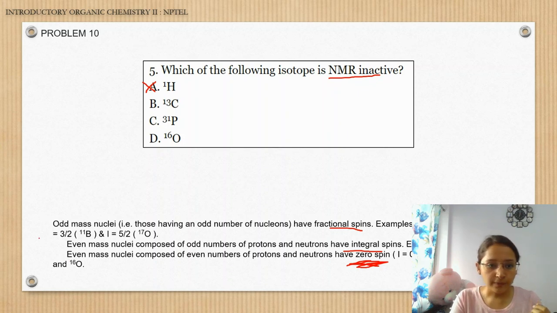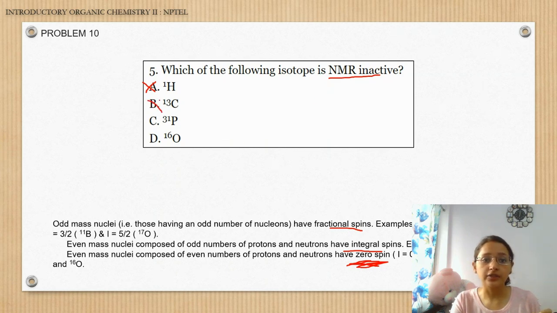As we can see, for 1H, an odd mass number and an odd atomic number are there, so it has a fractional spin. So it is not NMR inactive. In the case of 13C, it is an odd mass number and even atomic number. This kind of species also has fractional spins, so it is also not NMR inactive.